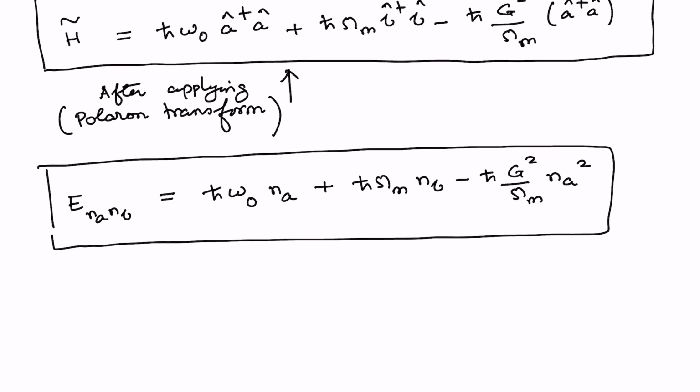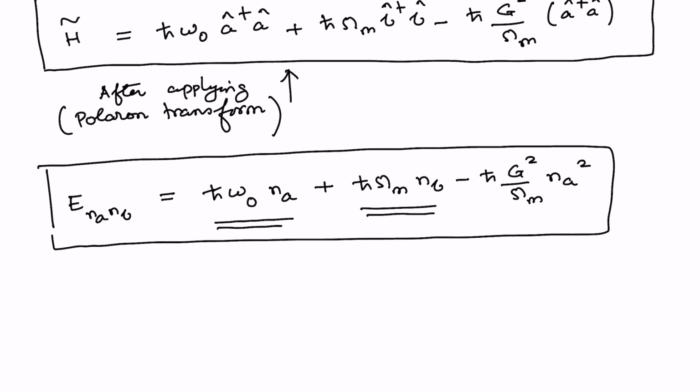If there is no coupling between the mechanical mode and the optical mode, that means if this capital Z is equal to 0, these are the energies of two separate, uncoupled harmonic oscillators. But because of the presence of the coupling, this harmonic ladder is getting destroyed and anharmonicity is coming into the system.